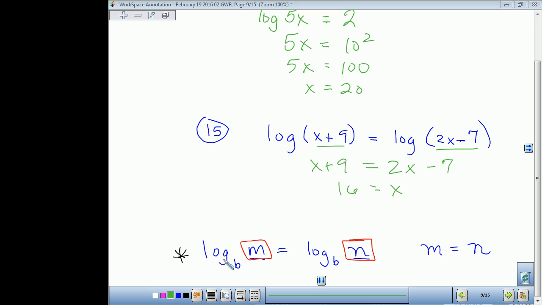So, when we have logs with the same base, the only way this statement can be true is if m equals n. So you can basically disregard the log, if both sides are simplified and it's log of the same base on both sides. Now, if they're not the same base, we have a very different story.